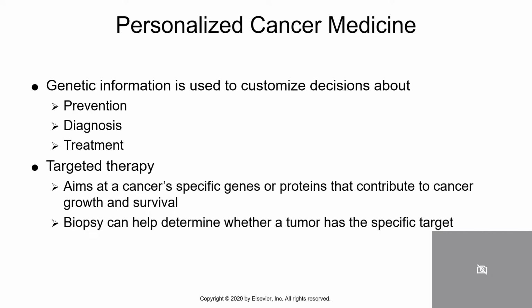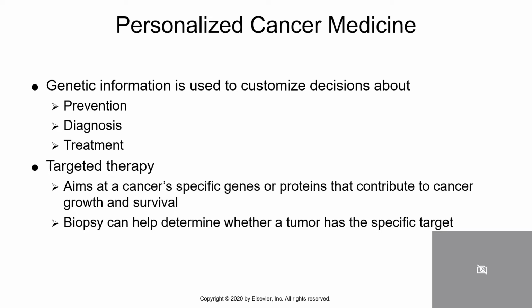One really interesting trend about cancer treatment is now that cancer treatment is being determined by personalized cancer medicine in some cases. And this is when genetic information helps to customize what decisions are made about patients' treatment, and it helps to target what they specifically need based on their genes or proteins that contributed to the cancer in the first place.